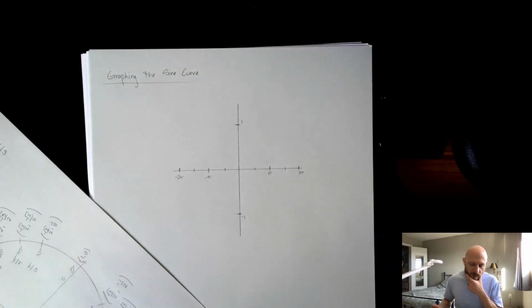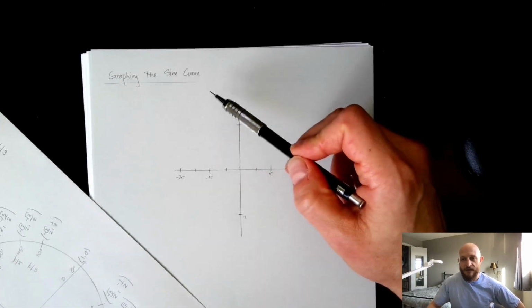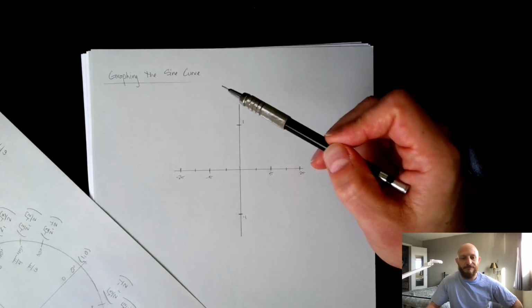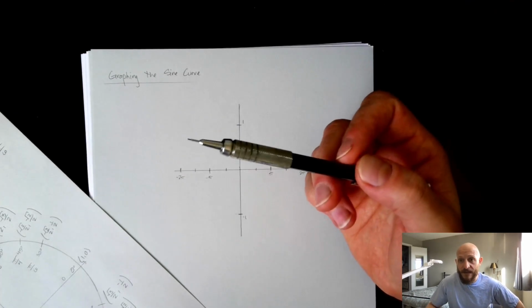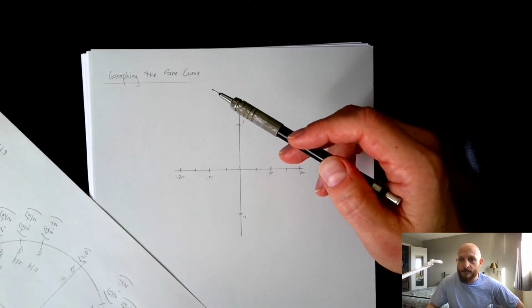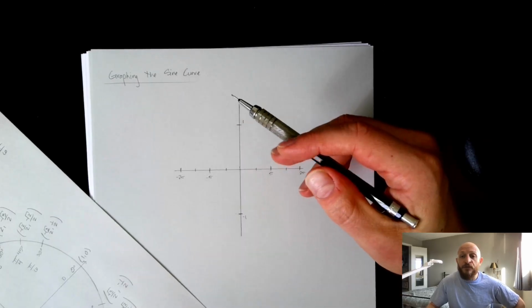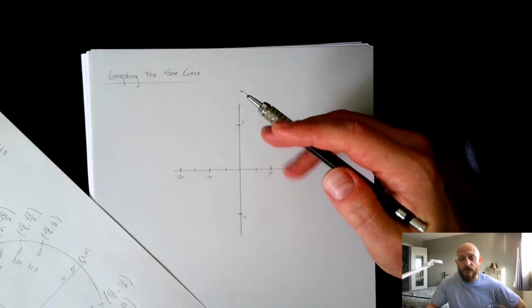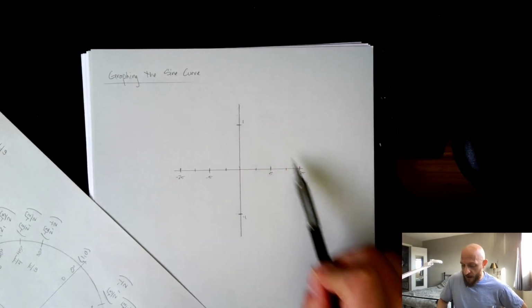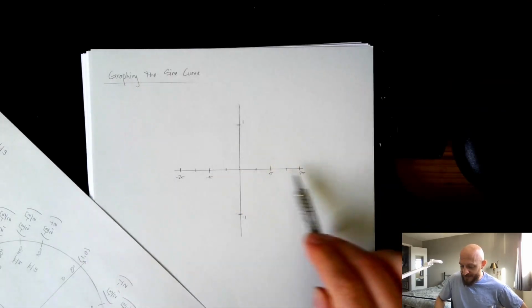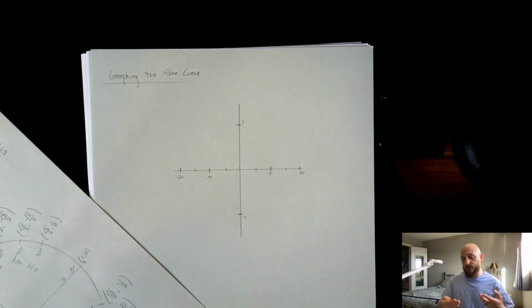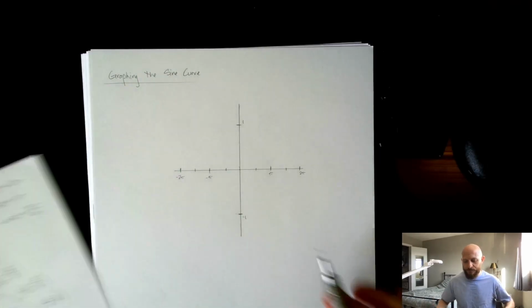The point I'm trying to make is that if we talk about the sine of, say, 3, that means the sine of 3 radians, not the sine of 3 degrees. So on our xy plane, we're treating the x-axis as the input in terms of radians.